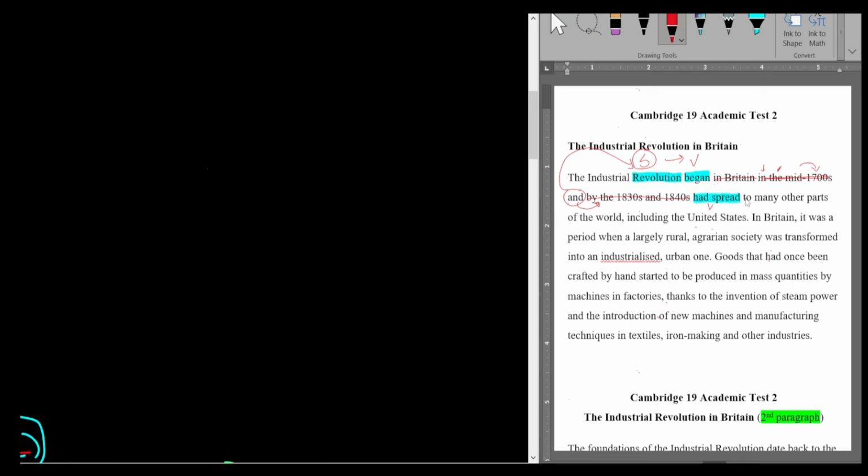Then we again get a preposition, "to", and after that there are nouns and adjectives, "other parts". This is a noun, so we will not consider this. And "of the world", the same thing: the preposition "of" and the noun "world". And we get another thing here, a verb plus ing.